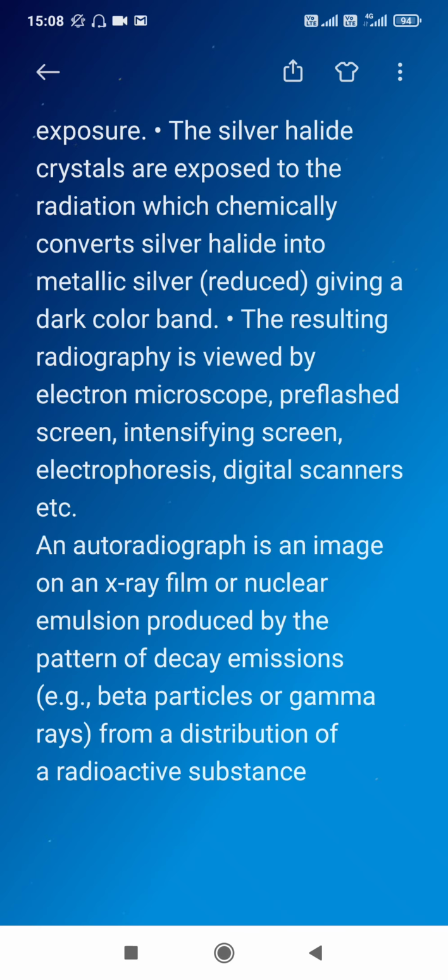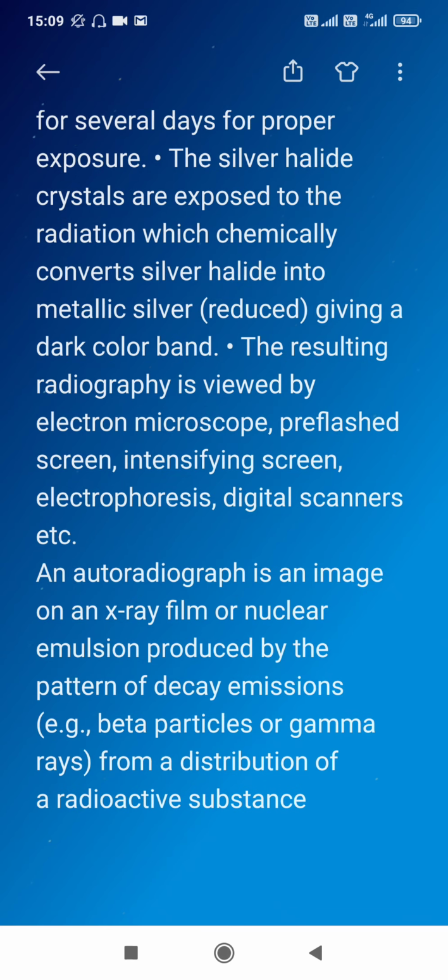Okay, those are the beta particles or gamma rays emitted from the radioactive substance exposed to the film, which reduce the silver halide present in the film into metallic silver, giving you a dark color band that can be detected further on the plate.